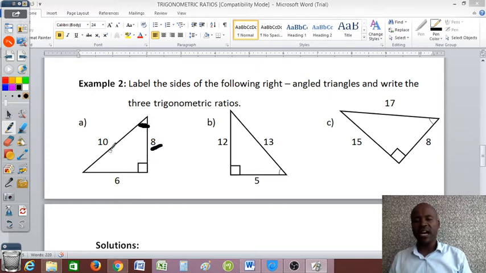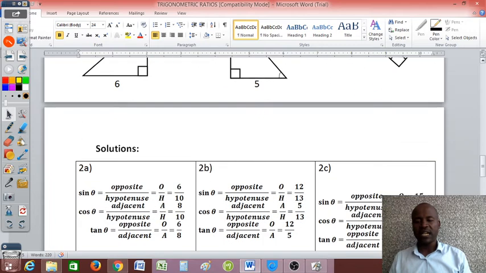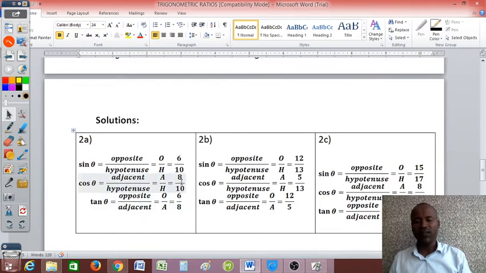And again, the hypotenuse is 10, which is opposite to the right angle. So we have 8 divided by 10. That is, cos theta is equal to 8 divided by 10. And tan theta, or tangent, is defined as opposite over adjacent.